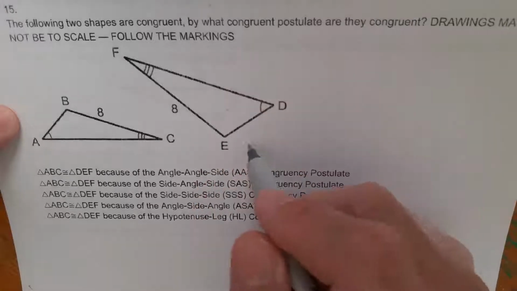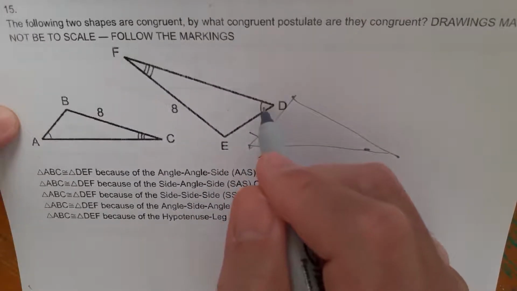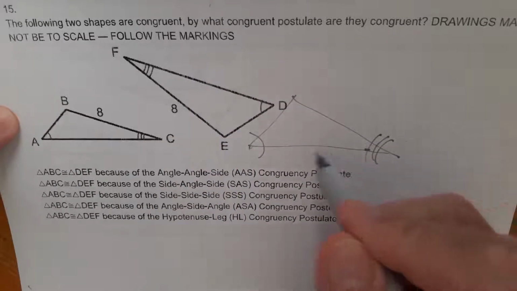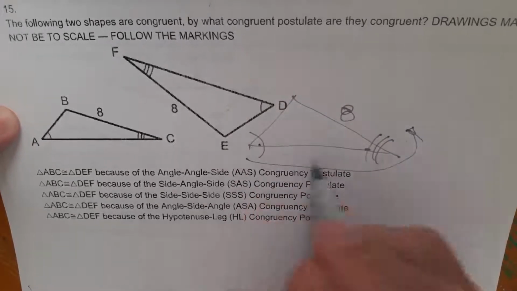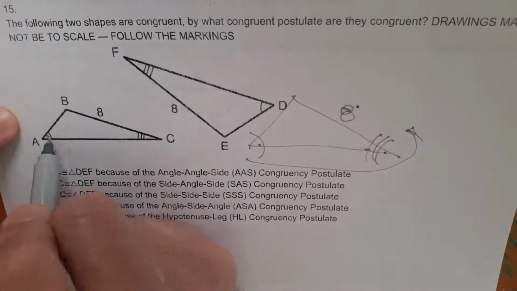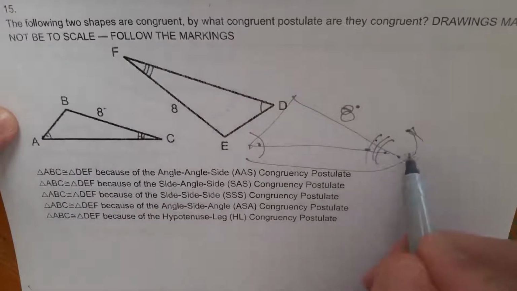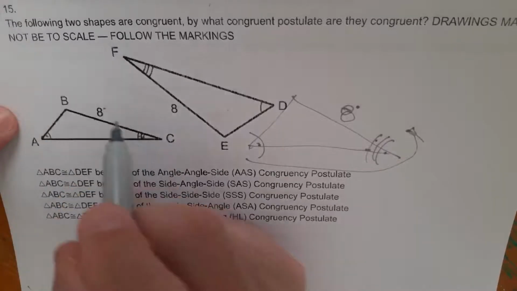So here we go again. Let's see if we can map this one out. The D comes over here to this side. This F is over here, 1, 2, 3. And 8 comes over here. So now we're going this way around. We have an angle, angle, and a side. Do we have an angle, angle, side? And notice this is 1 tick mark, good. 3 tick marks, good. And 8. That is the definition of angle, angle, side.